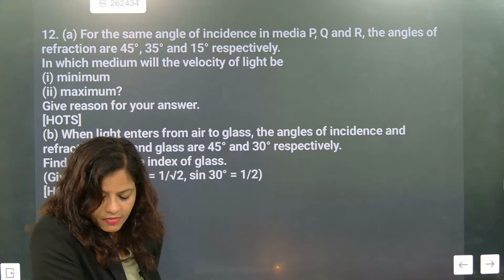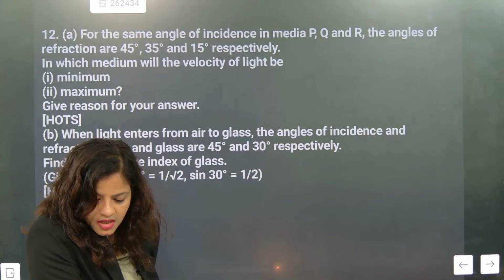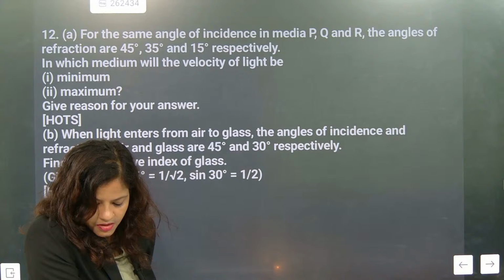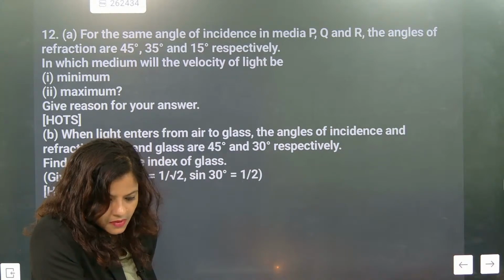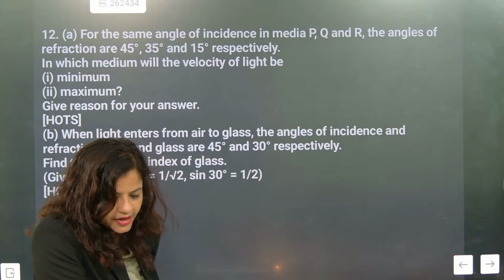Okay, in medium R the velocity will be less and maximum is for P. Good. Next one, say the answer. Correct, correct, Mukundan.